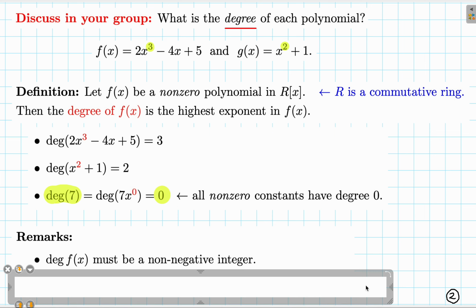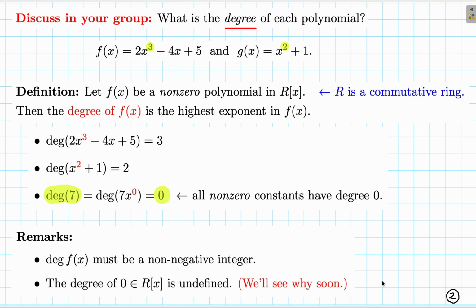Now, what about the zero polynomial? Well, the degree of the zero polynomial is undefined. All non-zero constants have degree 0, but the zero polynomial itself has an undefined degree. And soon we'll see why that must be true.